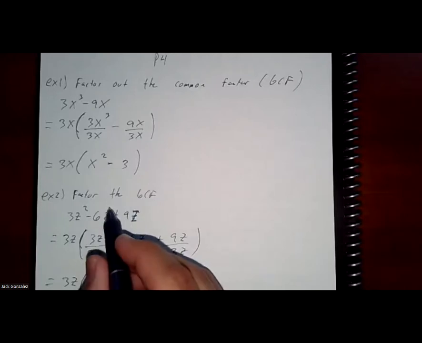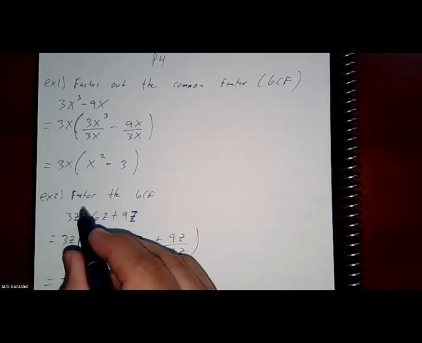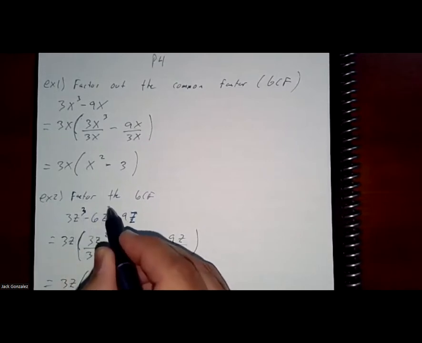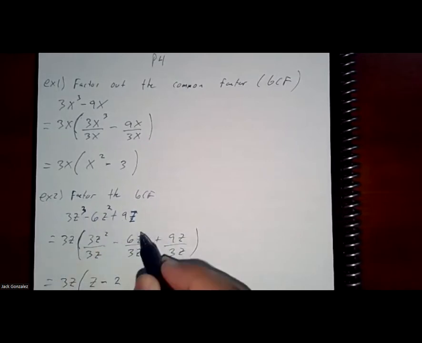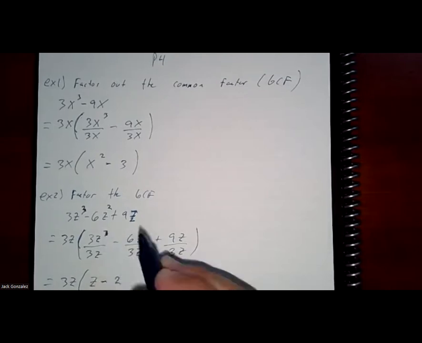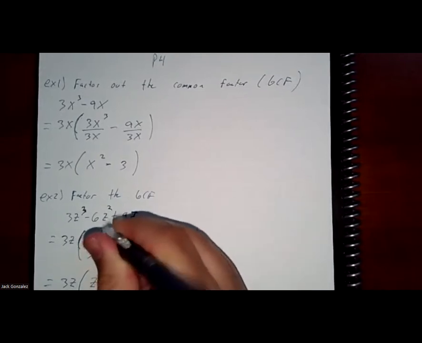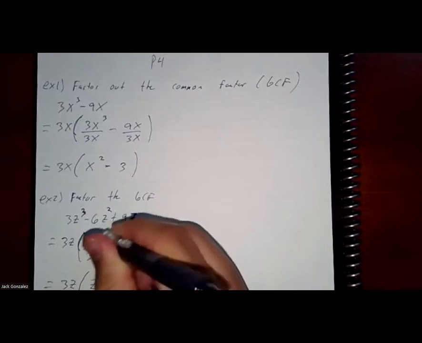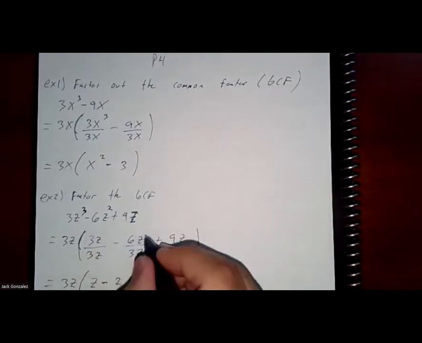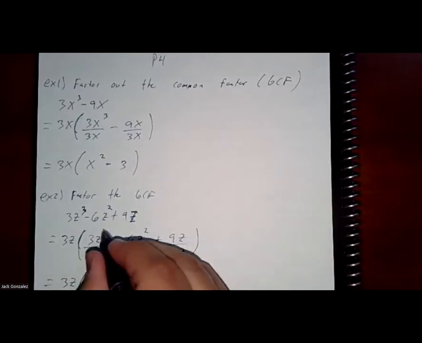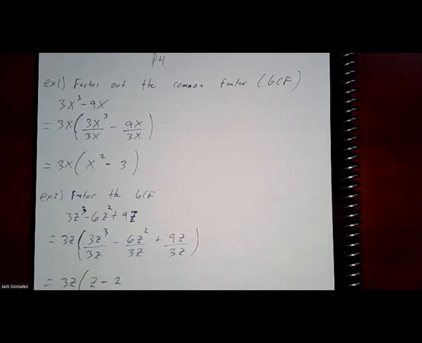Oops, I think I made a mistake. This should have been cubed. This is squared. Cubed. Let me redo that first part right here. So if it is cubed, then this will become a square.